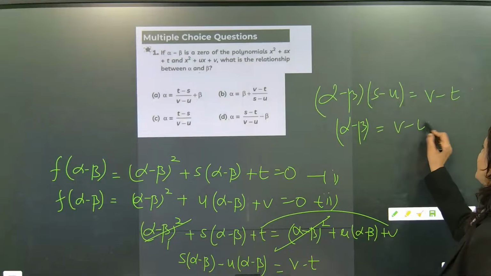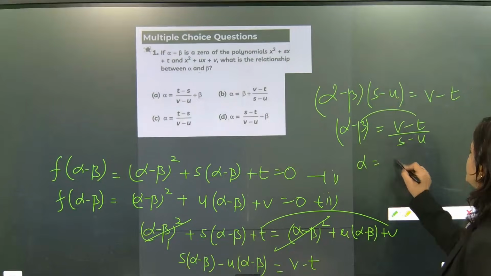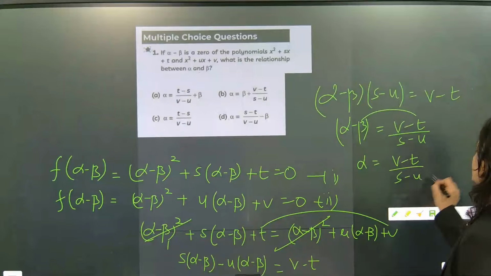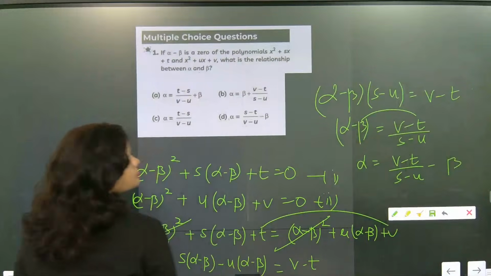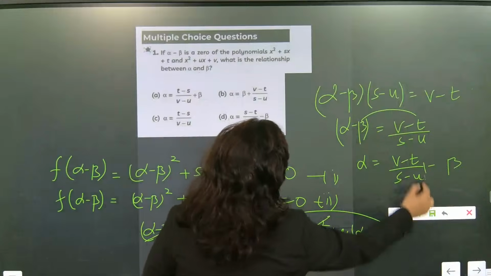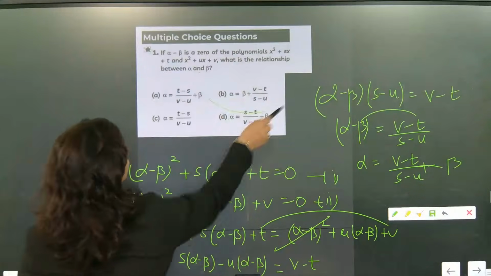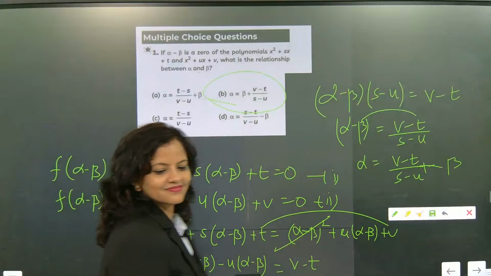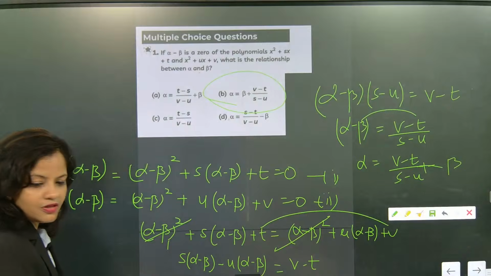So it is b minus t by s minus u. Shift this that side. Alpha is equal to b minus t by s minus u plus beta. Which one is the correct answer? I rest my case. This is the way to solve this question.